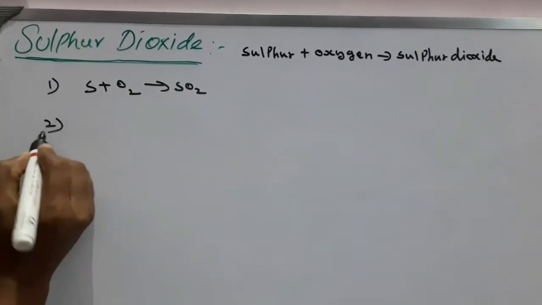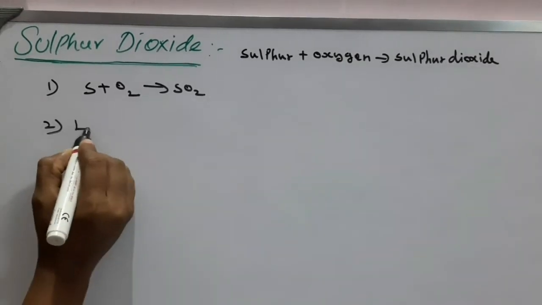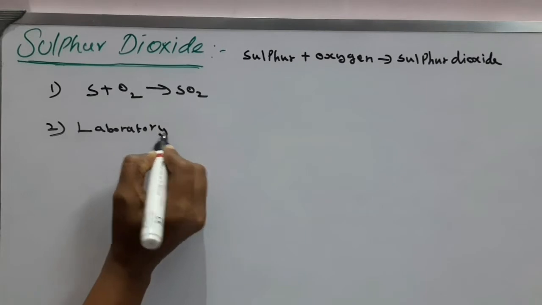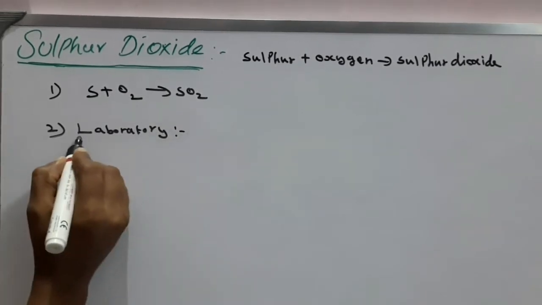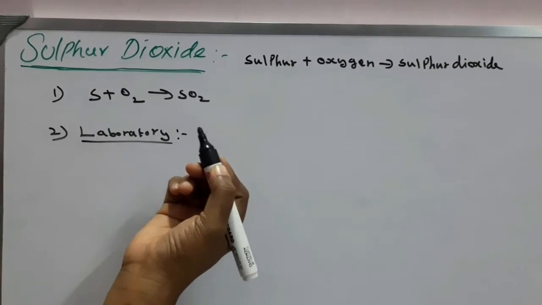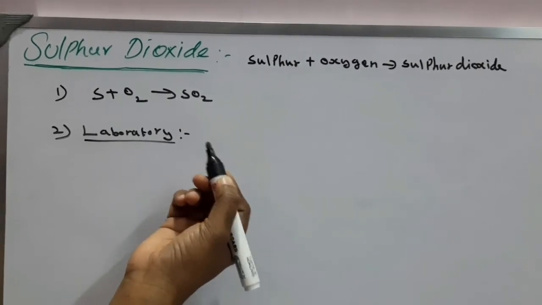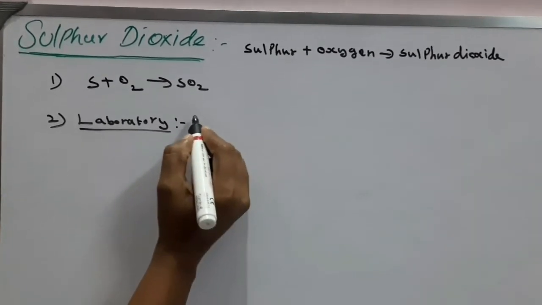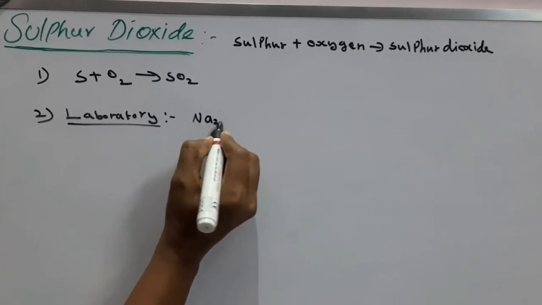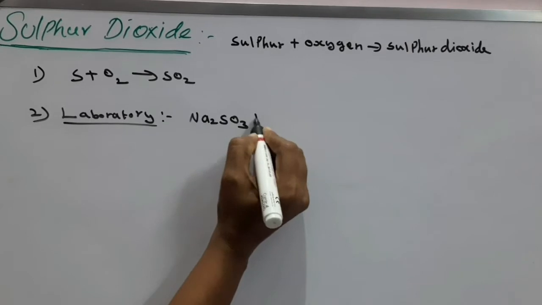The second method: how is laboratory sulfur dioxide prepared? Any sulfite salt, so I am going to take sodium sulfite. Its formula is Na2SO3.